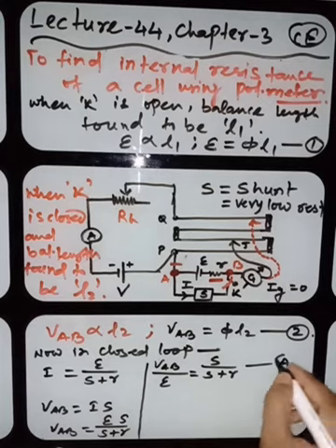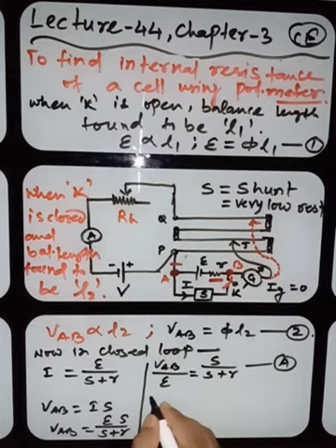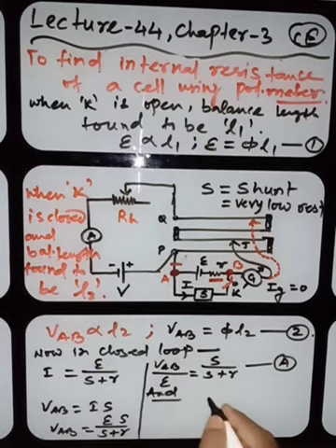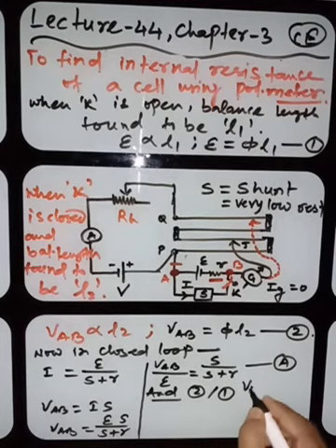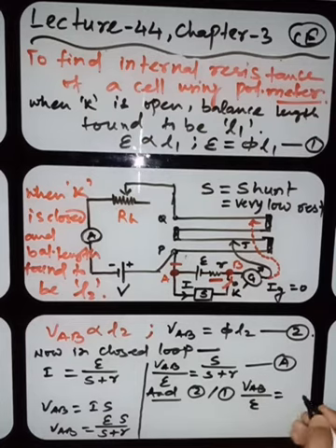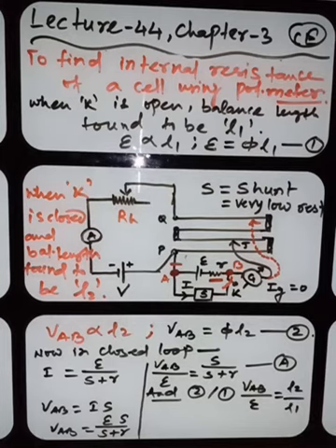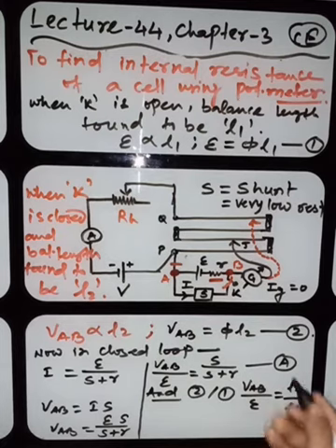Suppose this is equation A. By dividing equation 2 by 1, we again have VAB by E equals L2 by L1. Suppose this is equation B. Now we compare A and B.